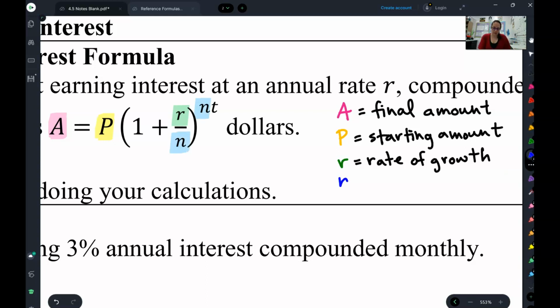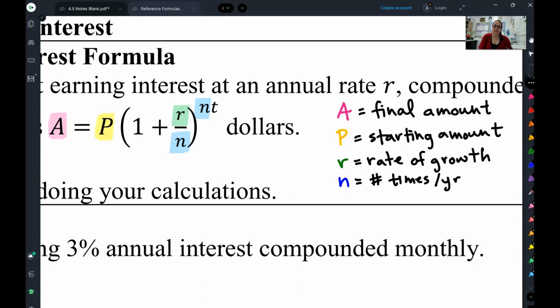N is an interesting one. N is the number of times per year that something is happening. So usually we call this compounded. So if you're compounded monthly, then N is 12 because it's compounded 12 times a year. If you're compounded weekly, then it's 52 because there's 52 weeks in a year.